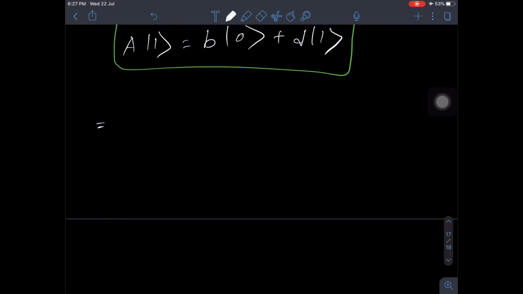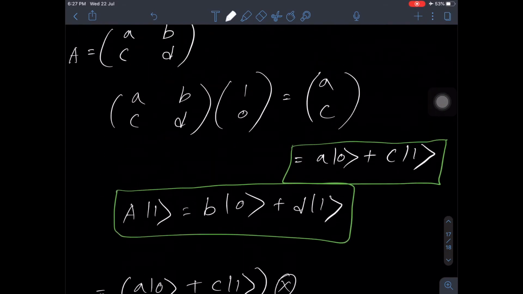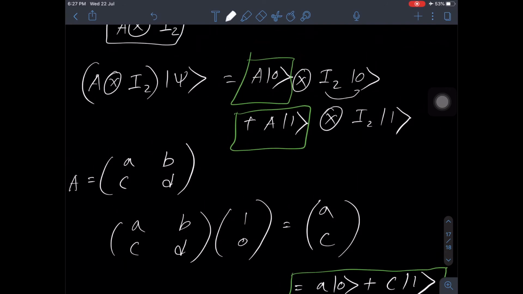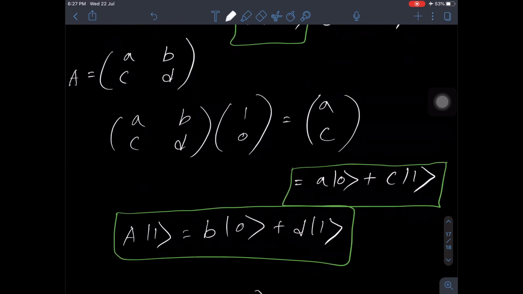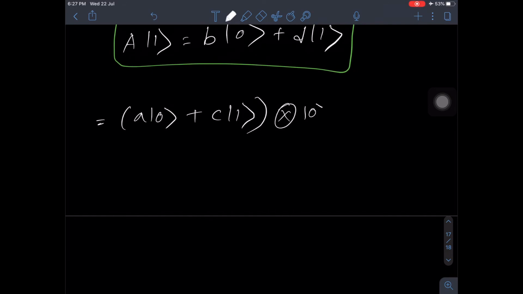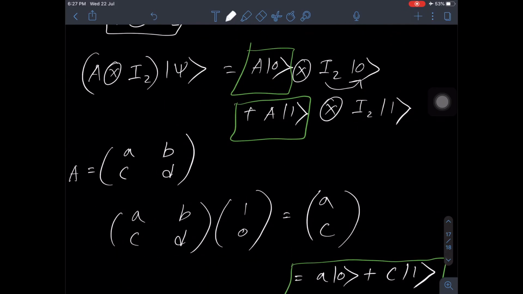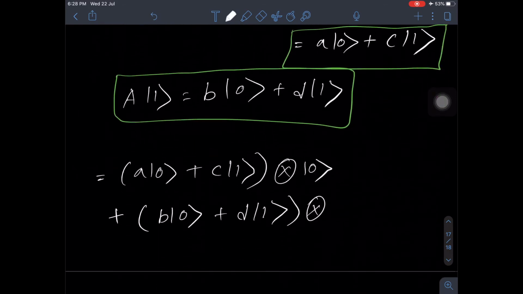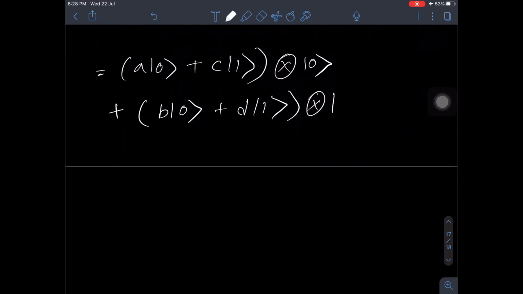You'll get a0 plus c1 tensor, and you had identity times 0, so you'll just get a 0, right? Plus you'll get b0 plus d1 tensor, and you have identity times 1, which is just 1. Okay, so you just get this.